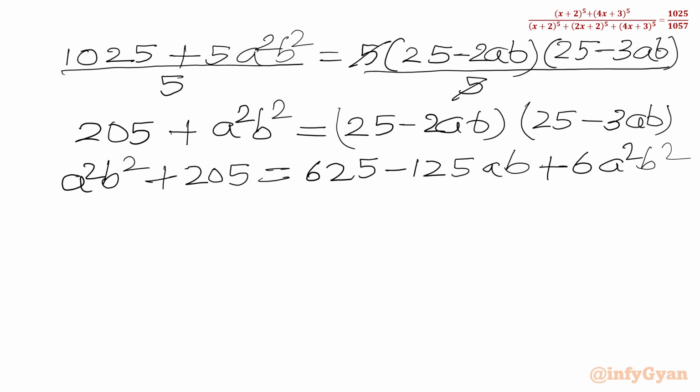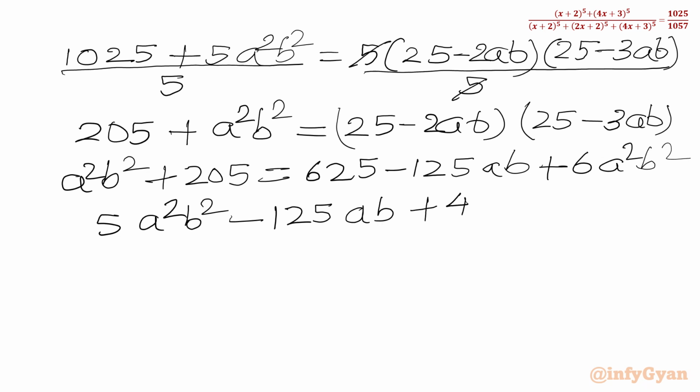Now we will take all the terms to RHS. 6a square b square minus a square b square, 5a square b square. Then we will write minus 125 ab. 625 minus 205 will be equal to 420 equal to 0.